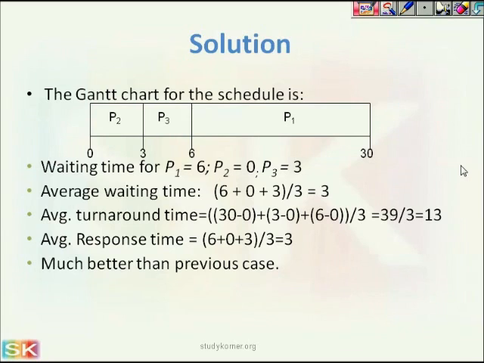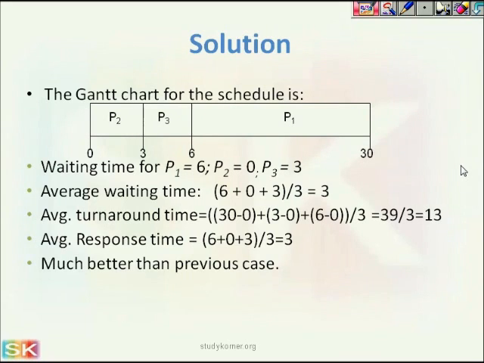So in this case, all these 3 parameters have very less value as compared to the previous example. So what we can say? What is the difference between this problem and our last problem?